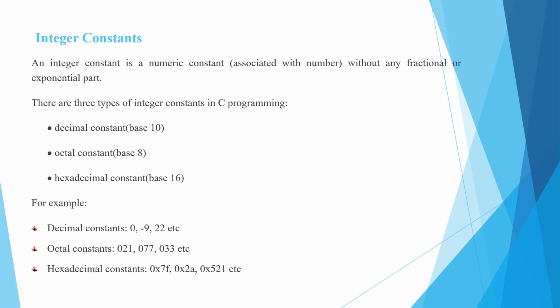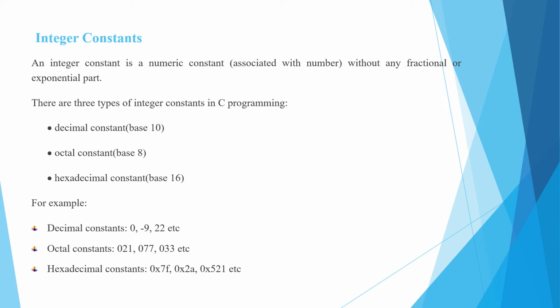There are 3 types of integer constants in C programming: decimal constants, octal constants, and hexadecimal constants. Decimal constants are represented in base 10, octal constants in base 8, and hexadecimal constants in base 16.